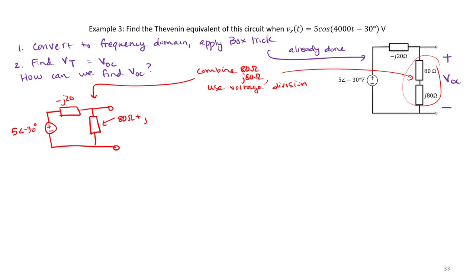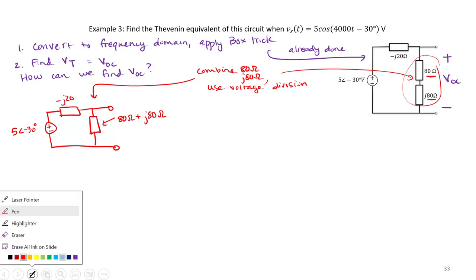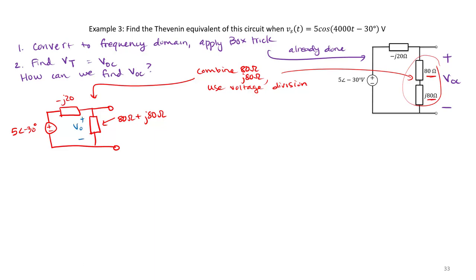Notice here, we're going to combine our two impedances, 80 ohm and j80 ohm, since they're in series with each other. And of course, our VOC is now equal to the voltage across that combined impedance.